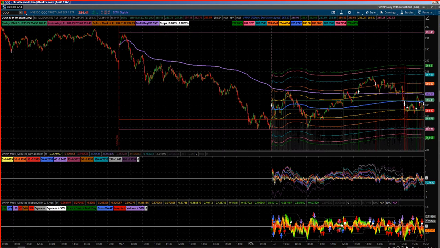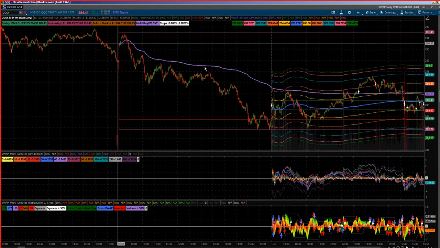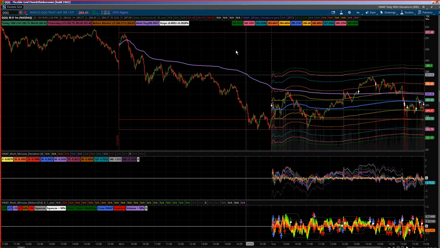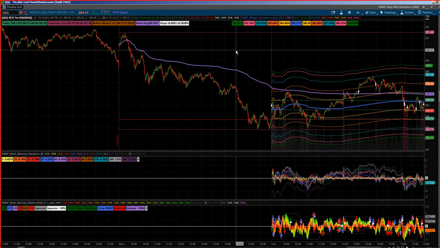We're running off of a 1 minute chart, the same way Hit the Bid does, except you're excluding pre-market data for both your current day and your multi-day VWAP, which is the purple, right? Correct.